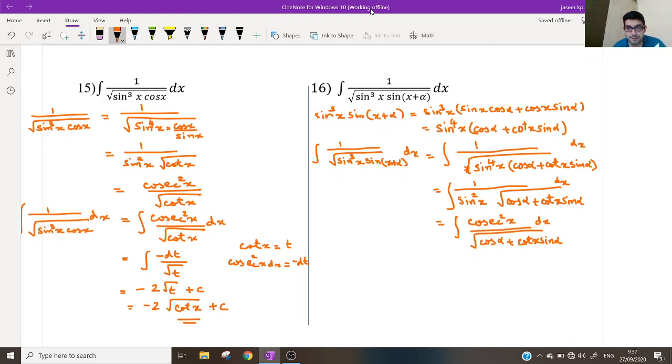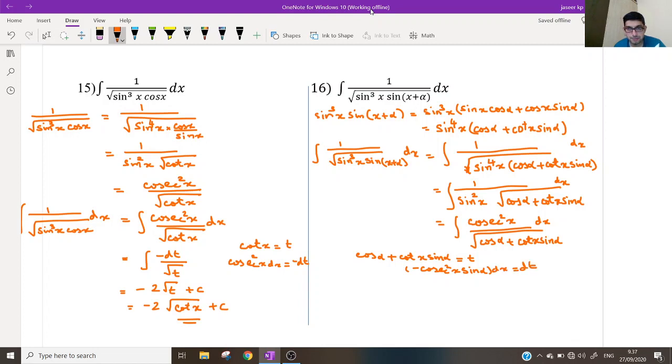Now to integrate this, again we will put cos alpha plus cot x sine alpha equal to t. If you differentiate this, cos alpha is independent of x, derivative 0, so it will become minus cosecant square x sine alpha dx equal to dt.